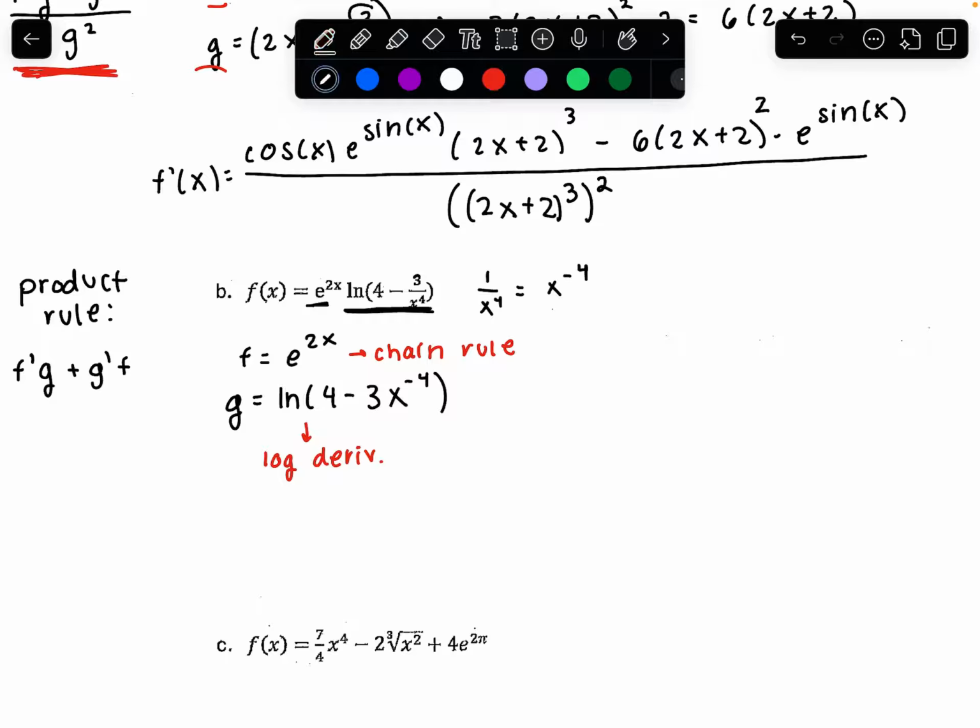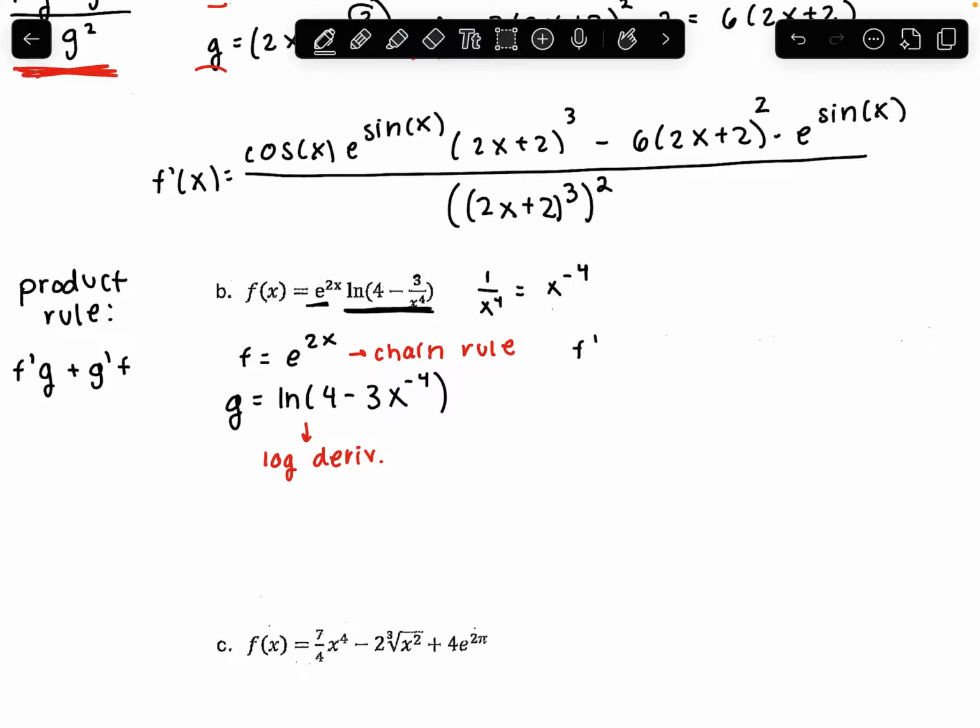So F prime is going to be 2 times e to the 2x. Now to take the derivative of G, let's remember: the derivative of ln of some function is the derivative of the function divided by the original function.